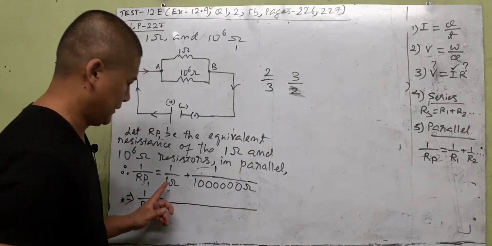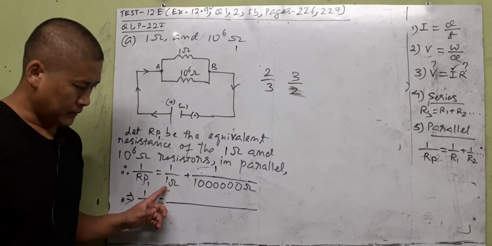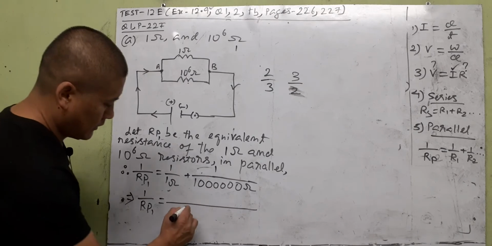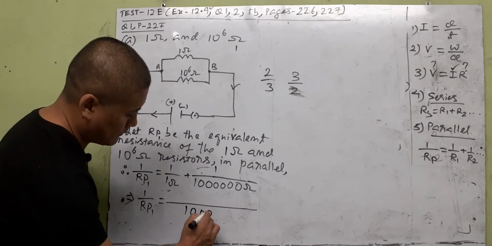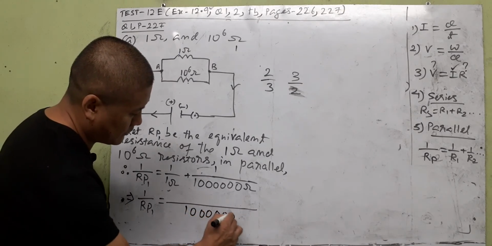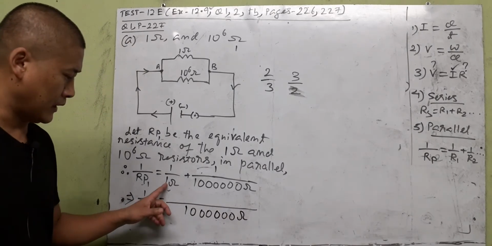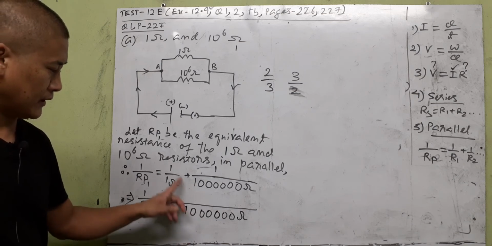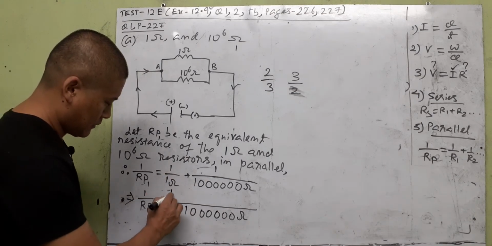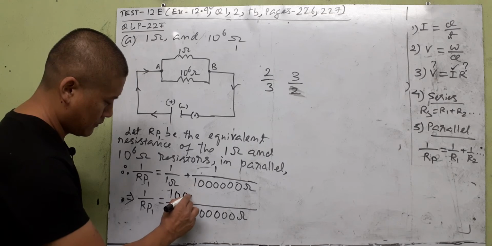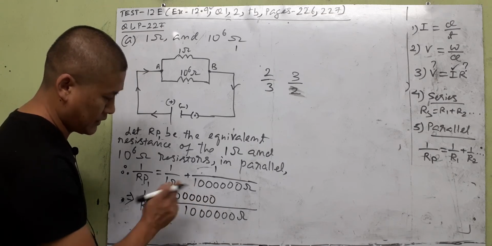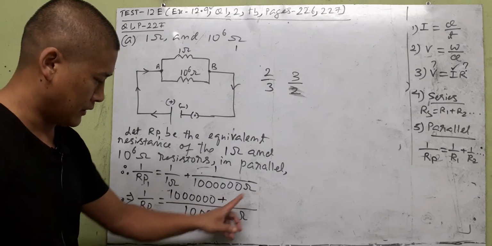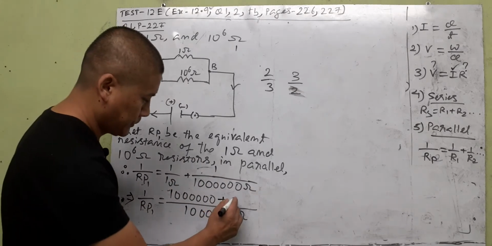We know, very simple, the LCM of 1 and this one, how much is that? 10 to the power 6 will be the bigger one. So the LCM is 10 to the power 6 ohms. Then here 1 into 10 to the power 6 is 10 to the power 6, plus 10 to the power 6 into 1 is this, so 1 into 1 will be 1.